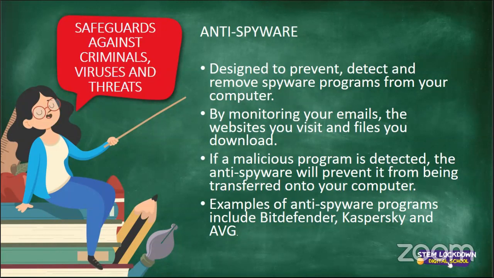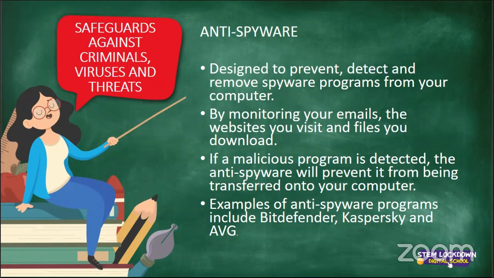If a malicious program is detected, the anti-spyware will prevent it from being transferred onto your computer. Examples of anti-spyware are Bitdefender, Kaspersky, and AVG. They are examples of all three, so those are good programs to buy if you want overall coverage for your computer.